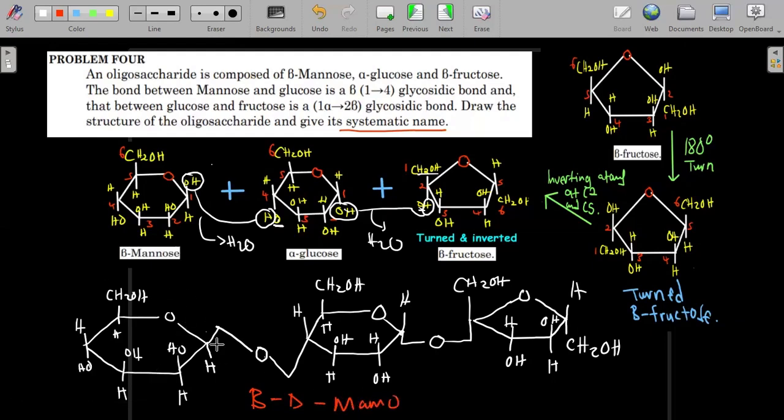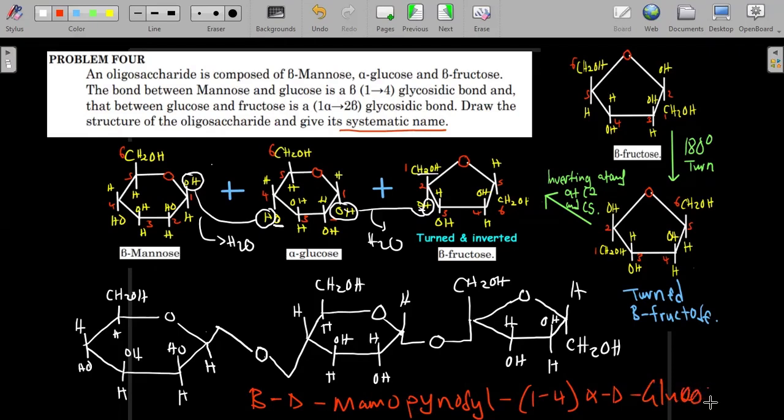Since this is a ring now, we are going to say pyranose. So beta D mannopyranose, which is bonded to this alpha glucose by a 1 to 4 glycosidic bond. And then I'm going to say alpha D gluco.